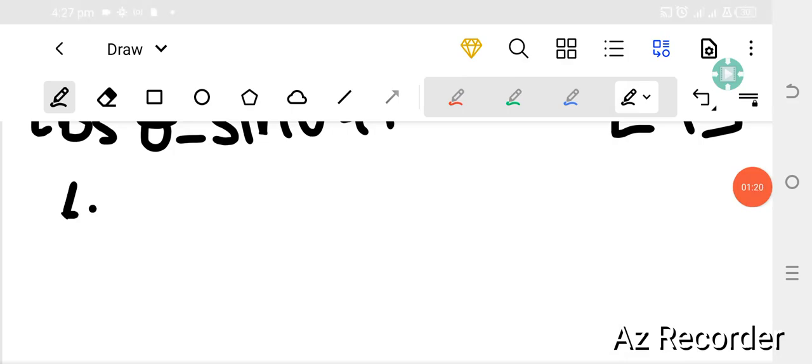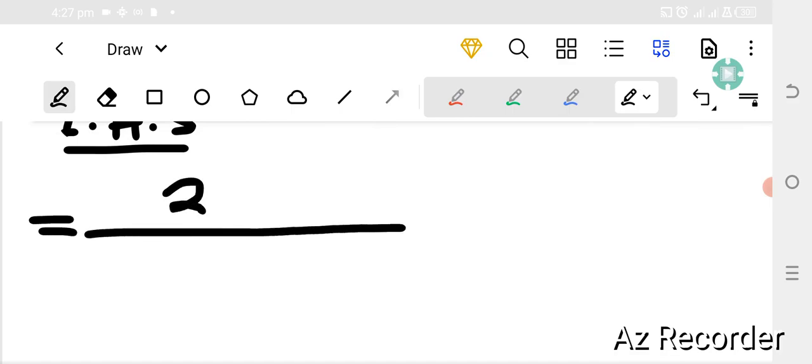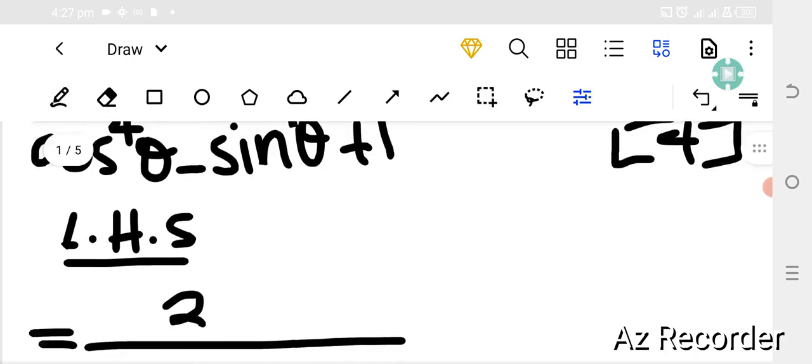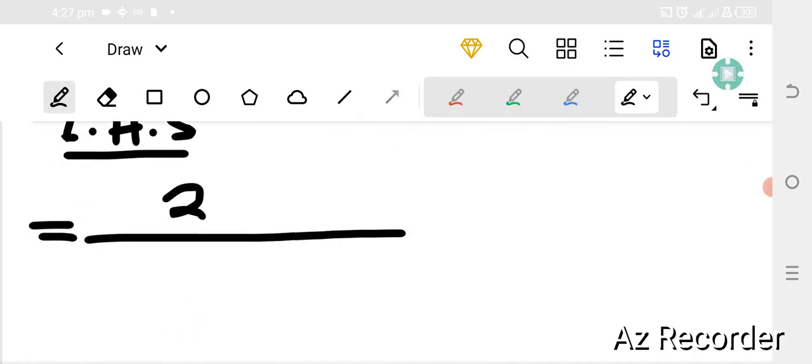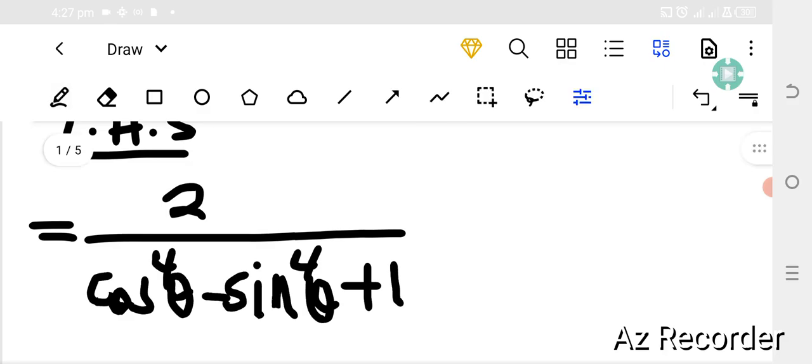So left hand side, then we'll say is equal to 2 divided by cos theta to the power 4 minus sin theta to the power 4 plus 1. So this is your left hand side.